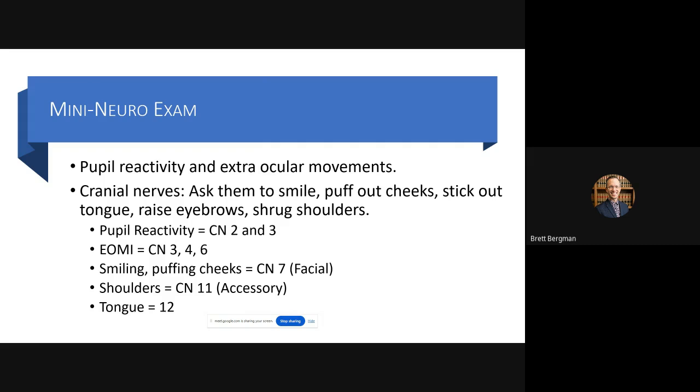So part of why we have patients puff out their cheeks is that if they have muscle weakness on one side of their face, they're not going to be able to puff out their cheeks because their lips won't stay sealed together. I thought that was interesting, and wanted to share it with you all.